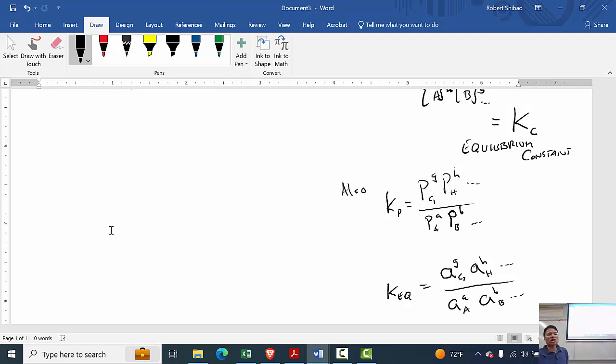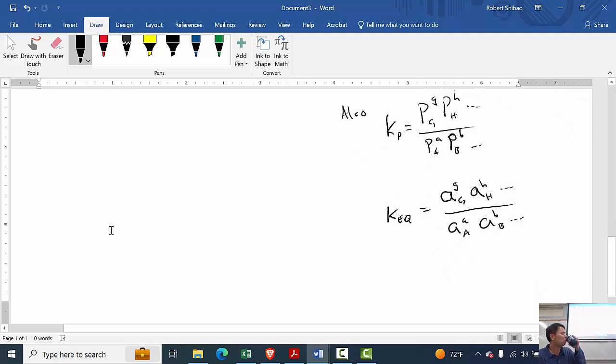So this is the generic equilibrium constant. Little a is called the activity.